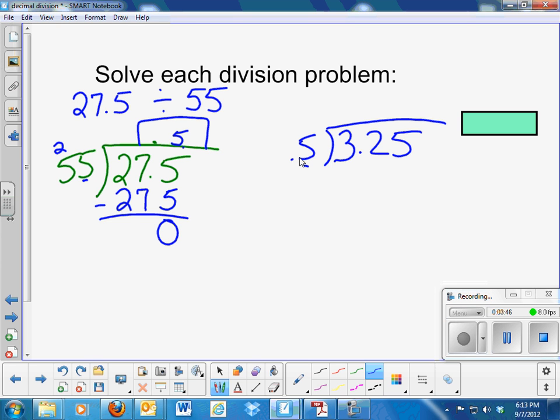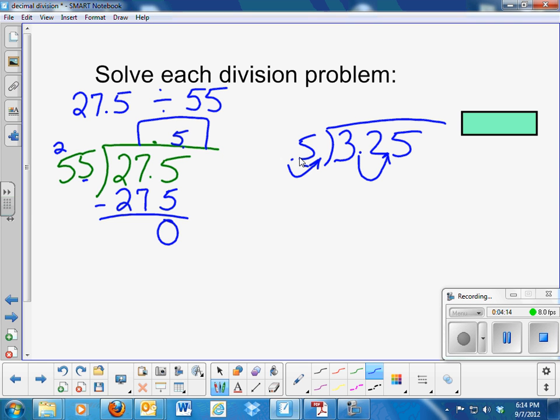When I'm doing long division using this algorithm, every number in the divisor must be a whole number. So I have to multiply this 5/10 times 10 to make it be 5. When I multiply, that's just a simple moving of the decimal point from the left to the right. I moved it one decimal place. I multiplied that by 10. If I multiply the divisor by 10, I have to multiply the dividend by 10.